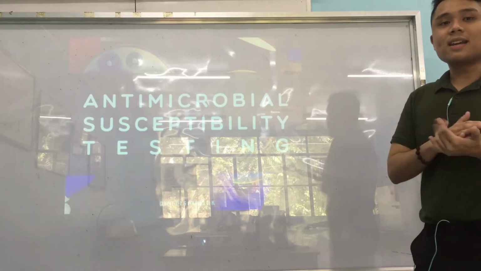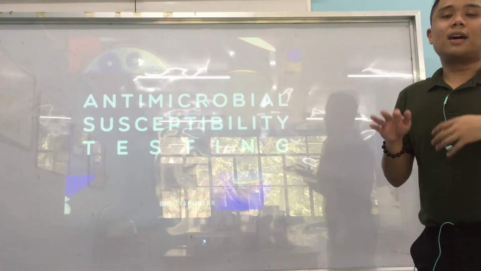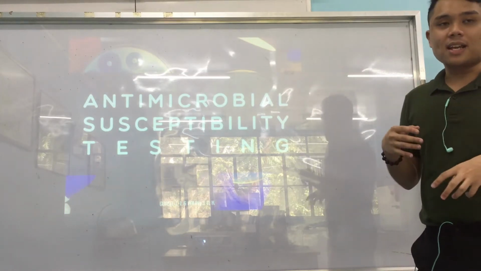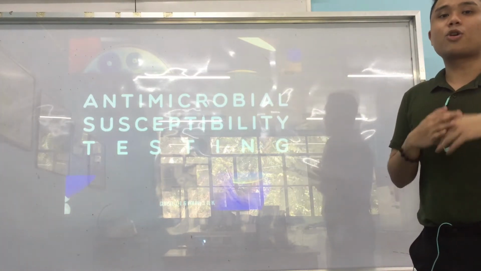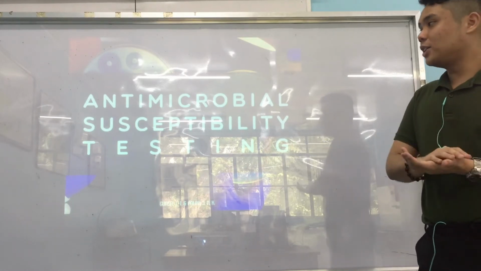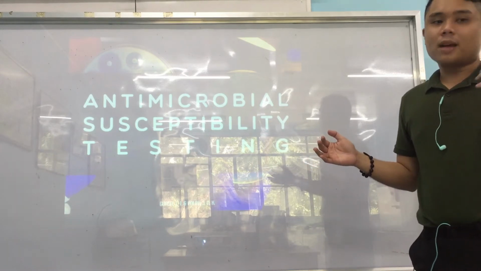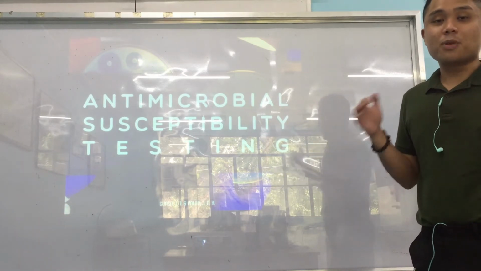We first isolate, using the different methods of plating and streaking techniques, and then next is microscopic exam through Gram staining and other stains, and then finally identification using biochemical tests, and maybe in some high-end laboratories, molecular methods.